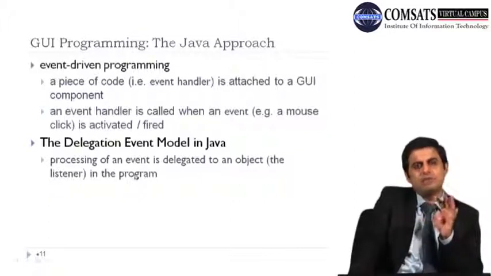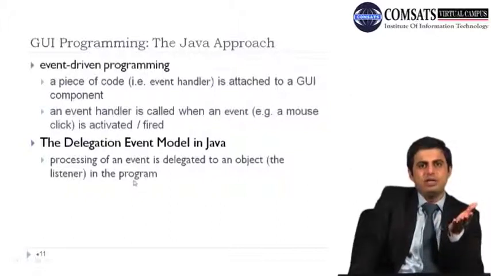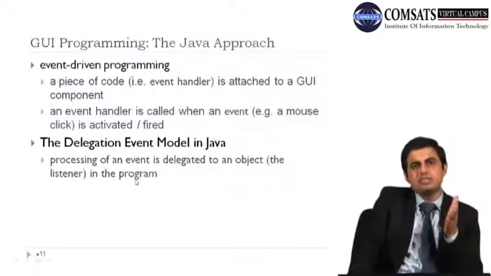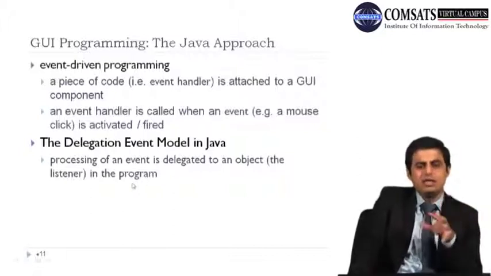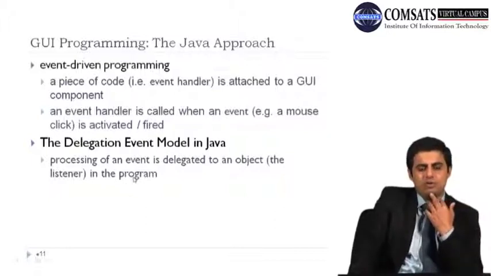The delegation event model delegates the changes in the behavior of that component to the listener, then the listener invokes the event handler, and the event handler does the job for you.